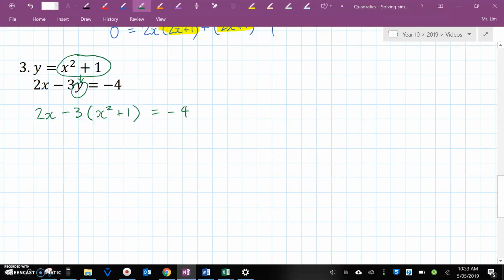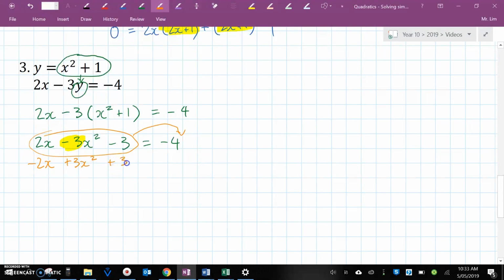I'm going to expand my brackets. 2x minus 3x squared minus 3 is equal to minus 4. Is x squared positive? No, it's not. It's negative, so that means we are going to move all of this to the other side by minusing 2x, adding 3x squared, and adding 3, doing the opposite of those signs.